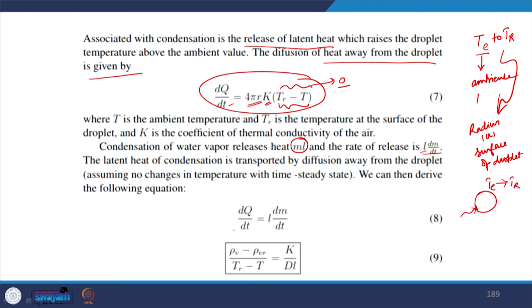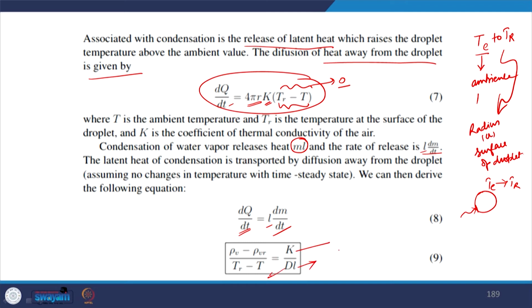The rate of heat that is being conducted away from the droplet is of course L dm by dt. If you substitute this, we can say that the density of the vapor minus the density of vapor at the radius, by T r minus T, involves the coefficient of thermal conductivity, the coefficient of diffusion and the latent heat.